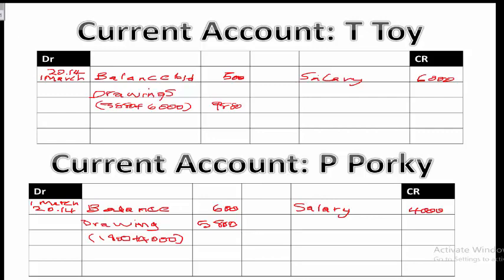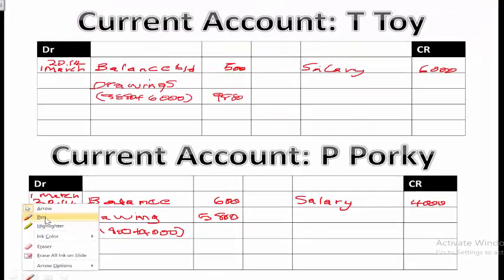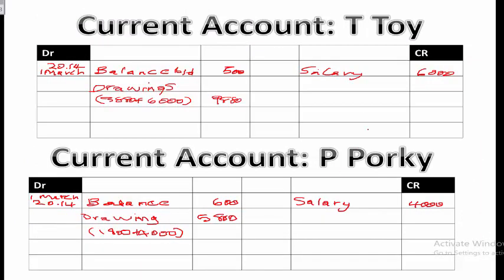So right now I am going to insert those amounts. It's 2,140 for this gentleman here, T-Toy. So it's your interest on capital.